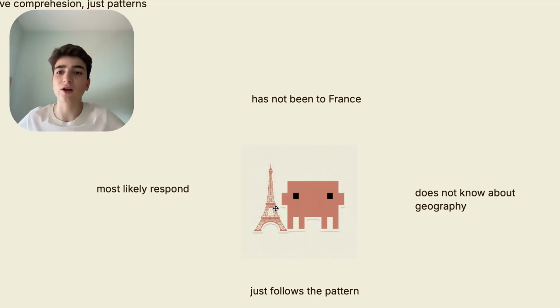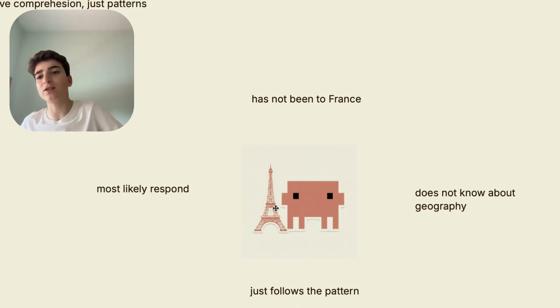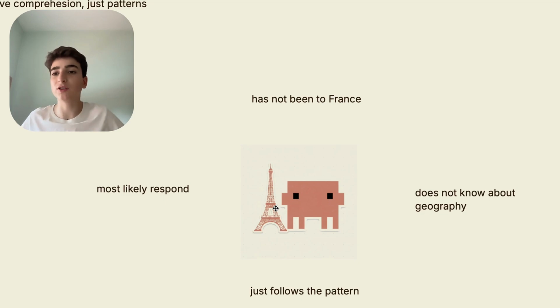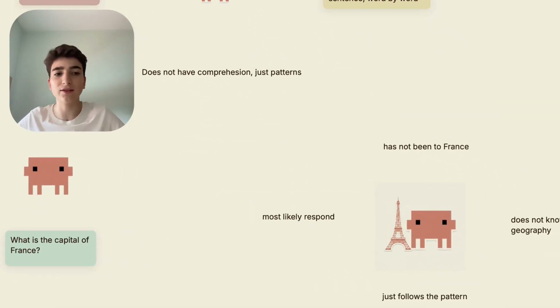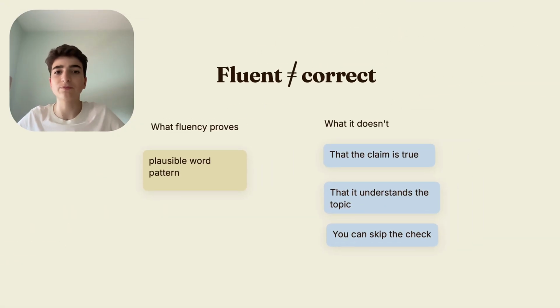For example, if you ask it about the plot and it has just two lines of data about that, it will go word by word following the pattern of what is the most likely next word. Maybe that plot has some things that are true and some things that it has hallucinated. But in this example, as it has all the necessary data, this cannot happen.